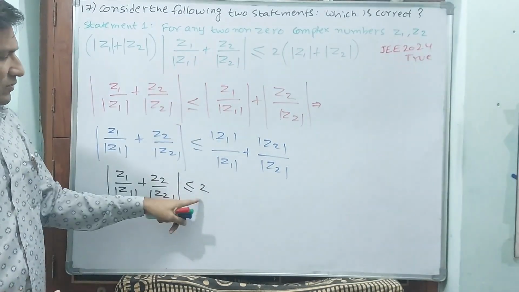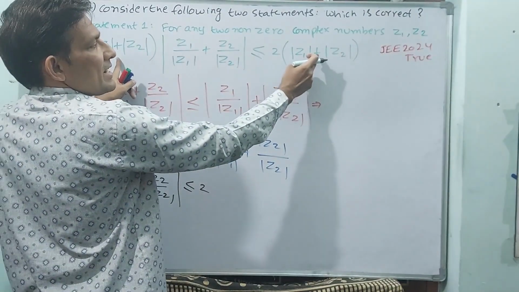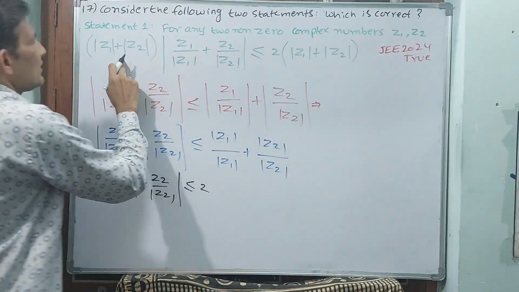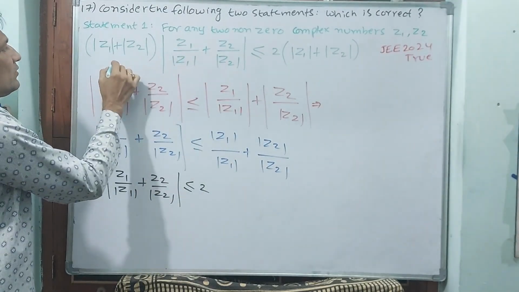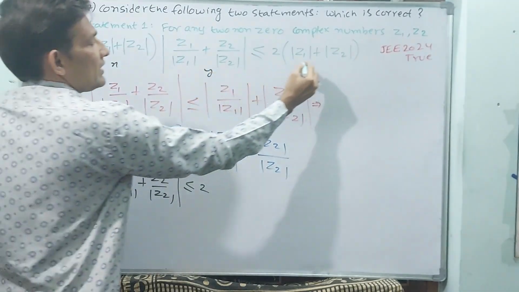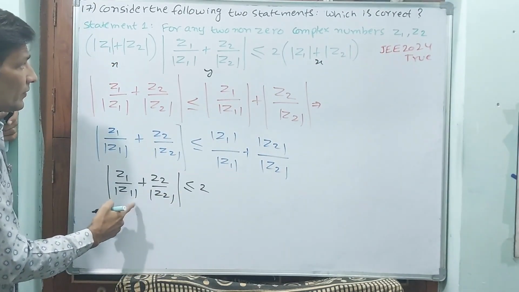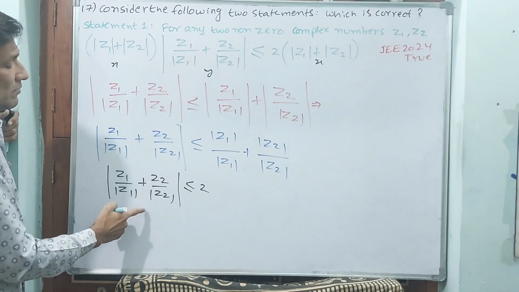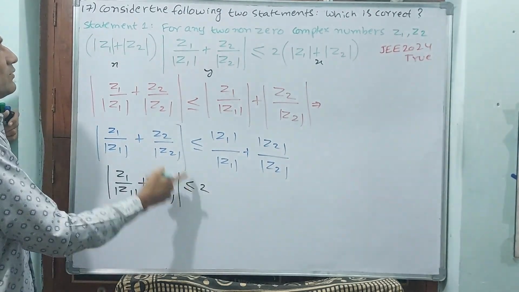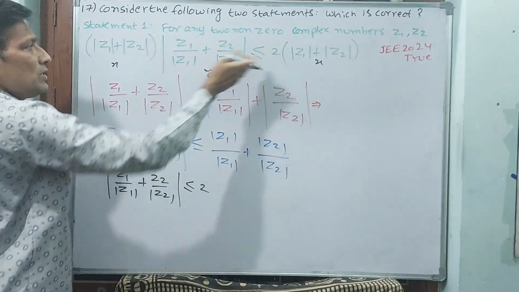Say less than 2, 1.9. 1.9 into something is always less than 2 into something. Same thing: you take this as x, this as y, this as xy. Then this one is less than 2 and this is going to become less than 2. Less than 2 only they are showing.